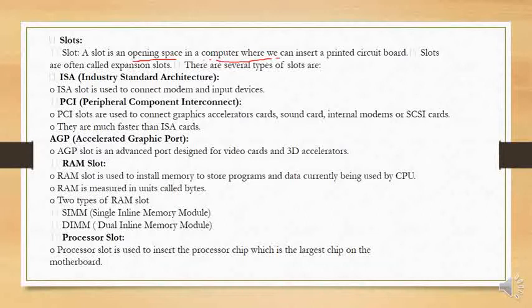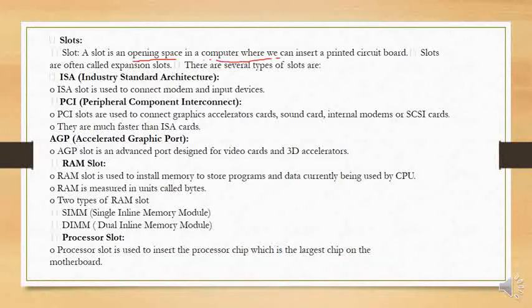That is, to connect the graphic card, sound card, and internal modem cards, PCI is used. They are much faster than ISA cards. ISA connects only modem and input devices, whereas PCI slots are faster than the ISA card.